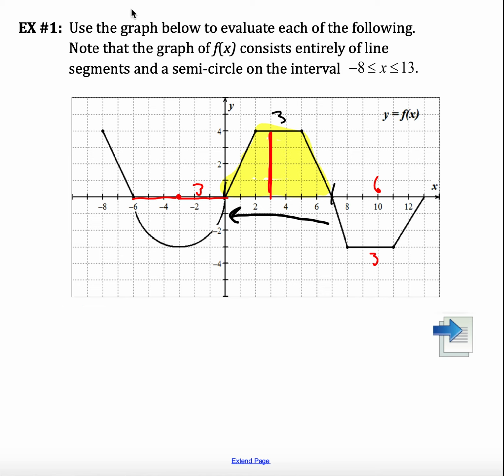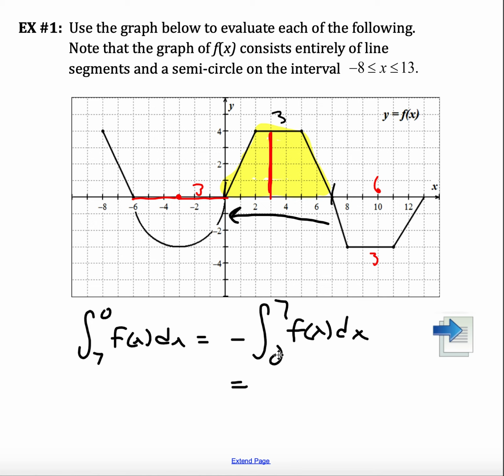Algebraically, with the properties, we say the integral from 7 to 0 of f of x dx is equal to the negative integral from 0 to 7. Since we already know the integral from 0 to 7 is 20, this answer is just going to be negative 20.